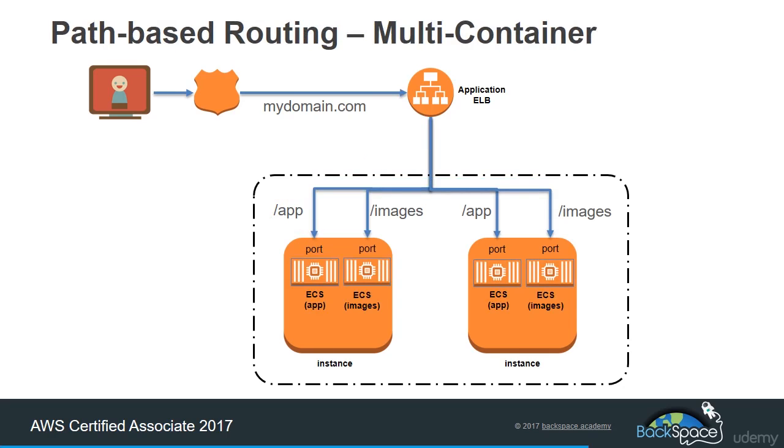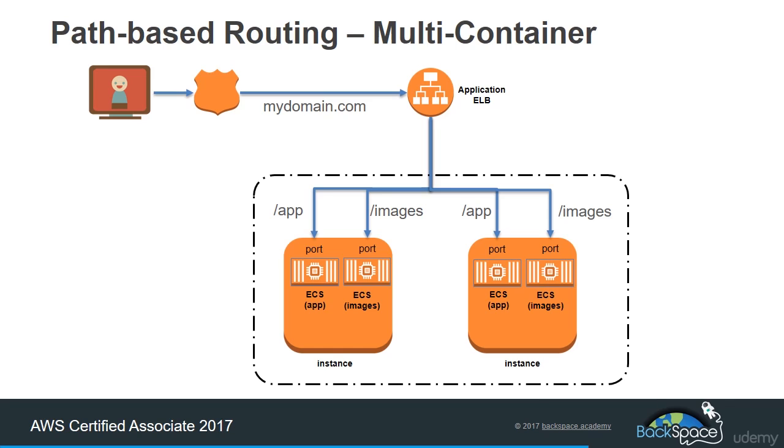Another very good feature of the application load balancer is that it can run multiple containers on an instance and route or load balance across those as well. In a similar way that we would have multiple applications and we would register a port and instance combination, we can do the same with multiple containers running on an individual instance.